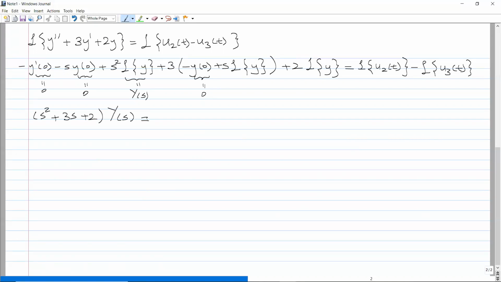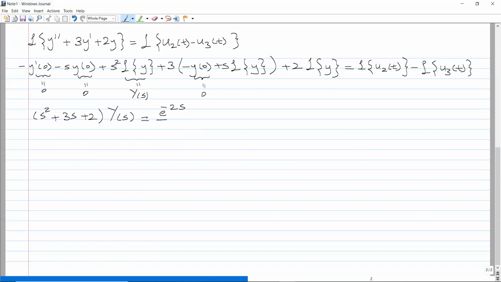And on the right side, remember the formula I gave you in the beginning, we did last time. A Laplace transform of u2 is e to the minus 2s times the Laplace transform of 1, since u2(t) is multiplied by 1.